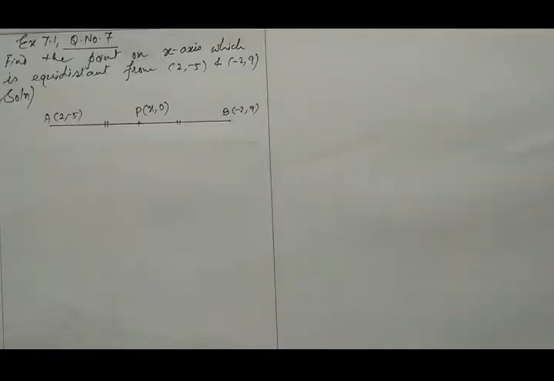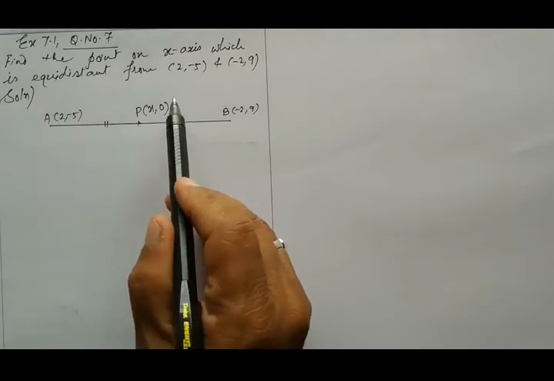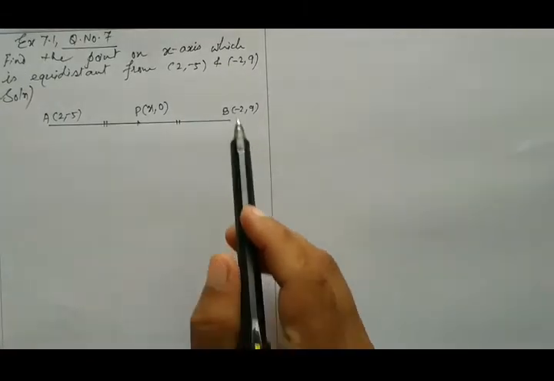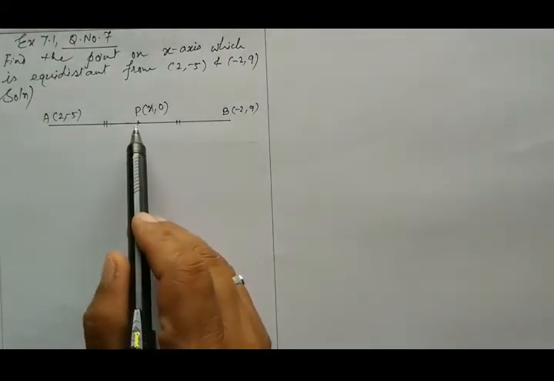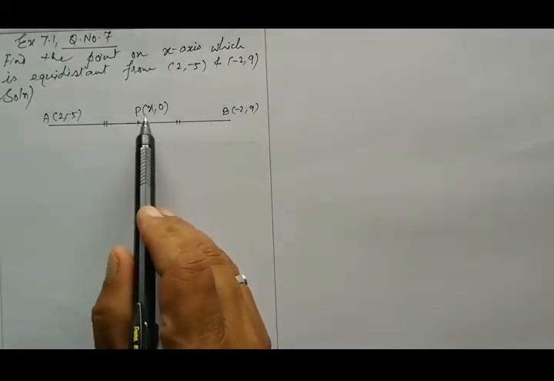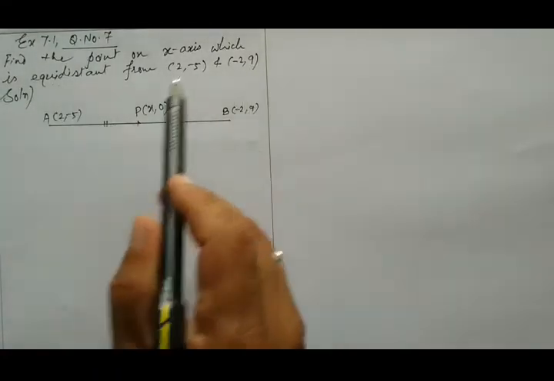Let us discuss now question number 7 of exercise 7.1. Find the point on x-axis which is equidistant from the point 2 comma minus 5 and minus 2 comma 9. I have drawn here a diagram. I have taken point P and we have to consider this point P. It is on x-axis as it is given in the data.